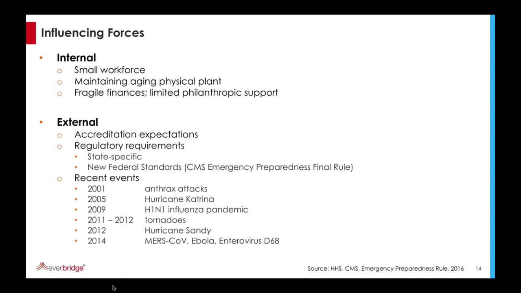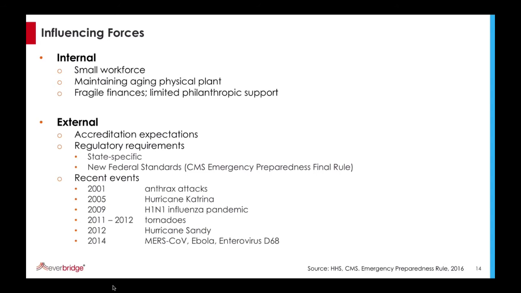The genesis of the CMS rule, if you trace back over the past 15 or so years, comes from responses to healthcare components of recent events, whether it was the anthrax attacks which followed the 9/11 attack by a week, the hurricane known as Katrina, about 12 years ago, swine flu in 2009, that super outbreak of tornadoes during '11 and '12, Hurricane Sandy, and the outbreaks, mostly respiratory, in their effects of MERS, Ebola, and enterovirus.